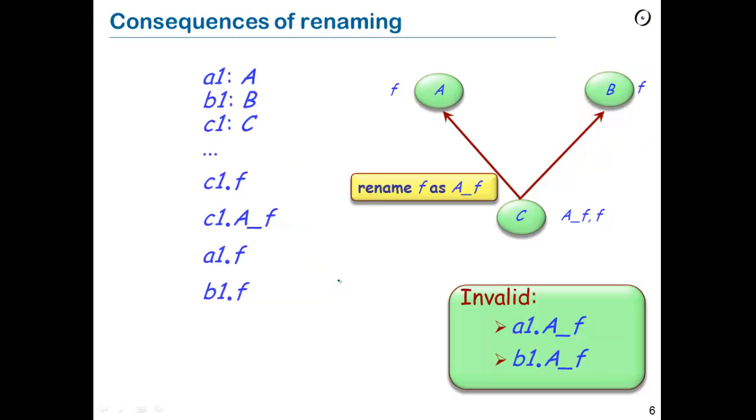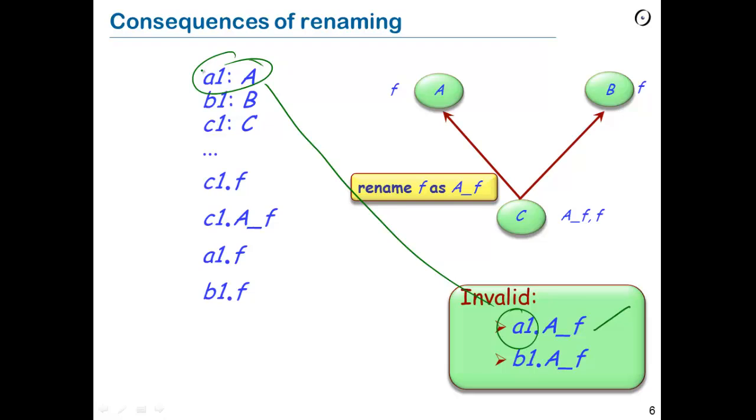On the other hand, if we try something like A1.A underscore F, well, there's no feature called A underscore F in class A, and A1 is of type A. So that would be rejected by the compiler. The rule here is very simple: x dot something is only permitted if something is the name of a feature in the static type, that is to say the name of the class with which x is declared.